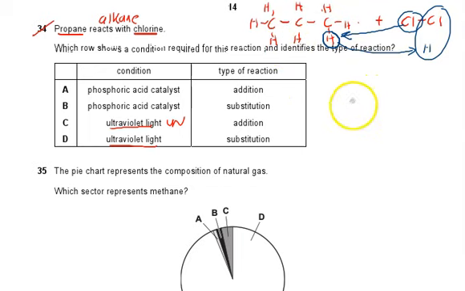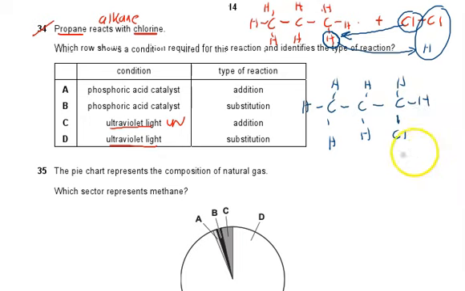So your end product here will have one chlorine, the rest will be hydrogen, and you will have another product, which is hydrogen chloride. So this is a substitution reaction. D is your answer for number 34.